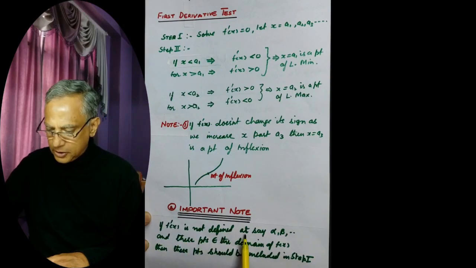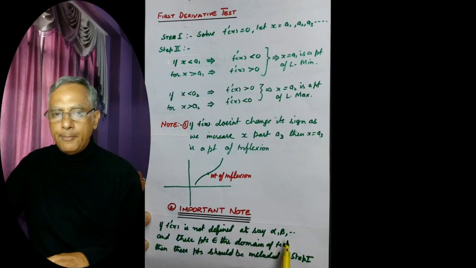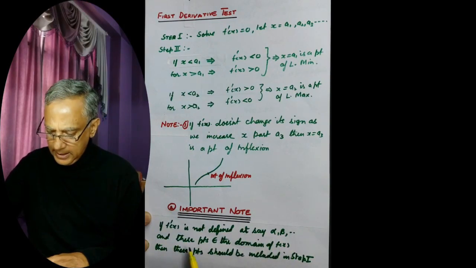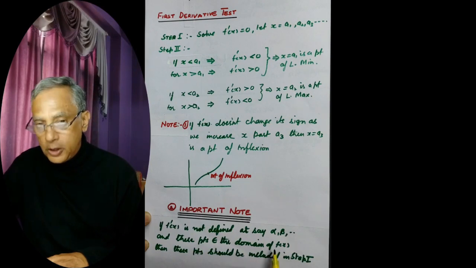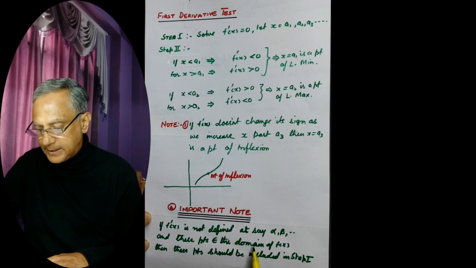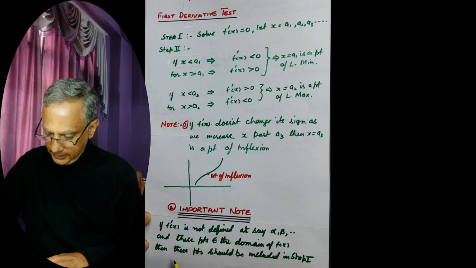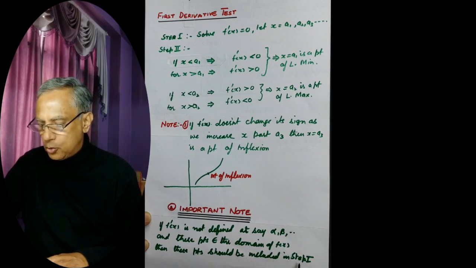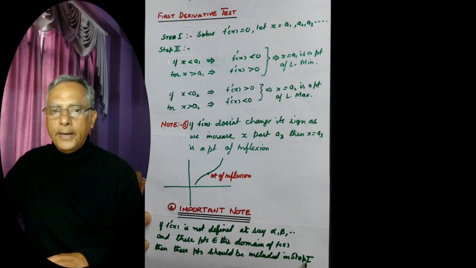If f dash x is not defined at say alpha, beta and so on, and these points belong to the domain of fx, then these points should be included in step 1.